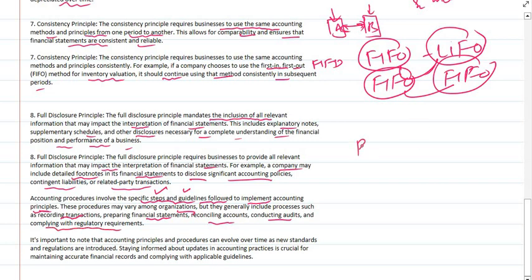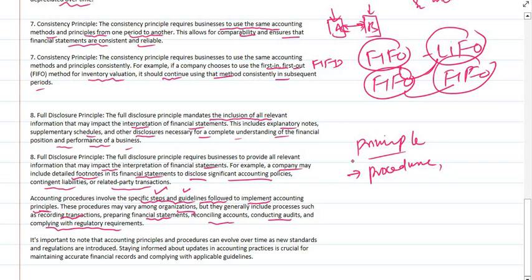So we have studied the principles, and to implement these principles we are using accounting procedures and guidelines. For example, the process includes recording transactions, preparing financial statements, reconciling accounts.